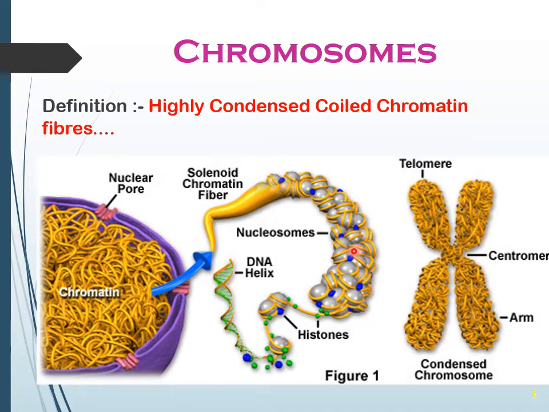We call them histone proteins, and a yellow color thread-like structure surrounding these histones, we call it DNA. So we will pack this chromatin material into chromosome. So we can simply say this chromatin material is in condensed form. Right?